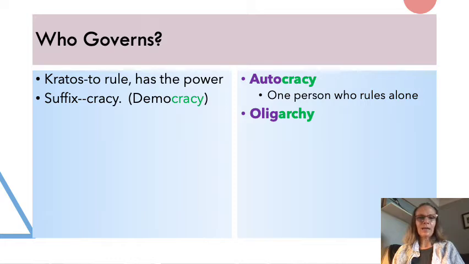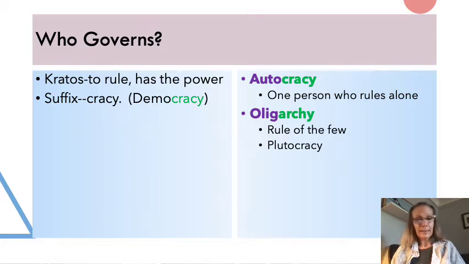And the oligarchy is the type of government where not just one person rules, but it's the rule of a few people, a small group of people, okay? And oftentimes a subcategory within oligarchy is what's known as a plutocracy. Plutocracy means rule of the wealthy, okay, when the wealthy are doing the ruling. There's a contemporary example of an oligarchy, and that would be Russia.